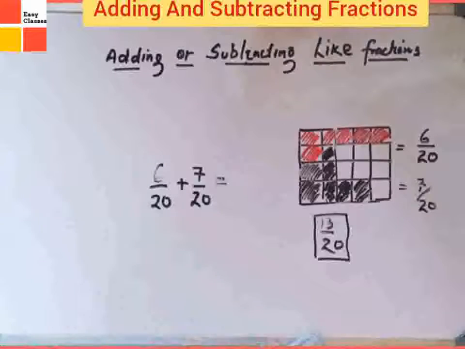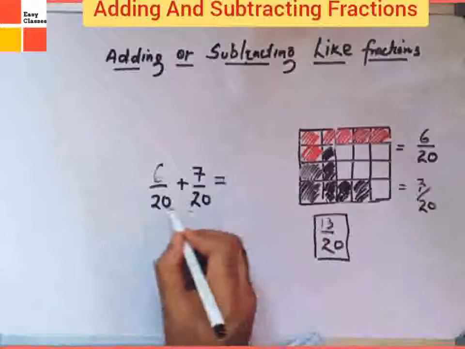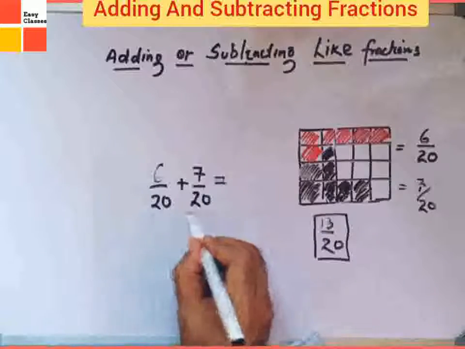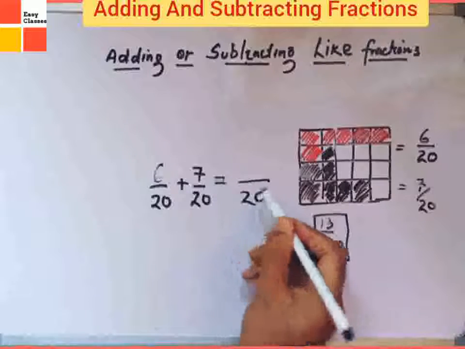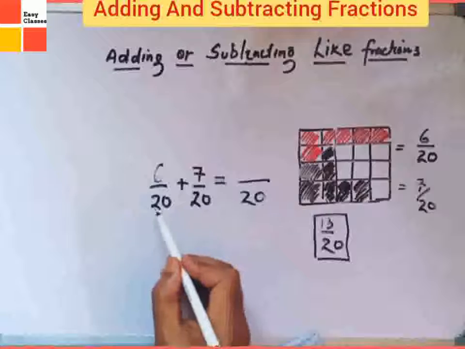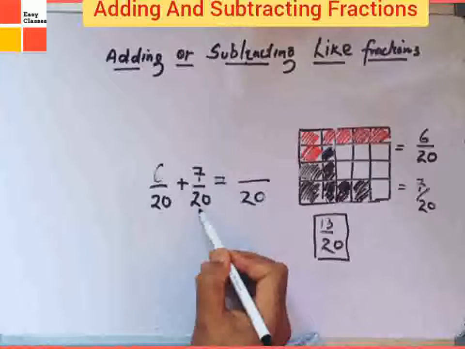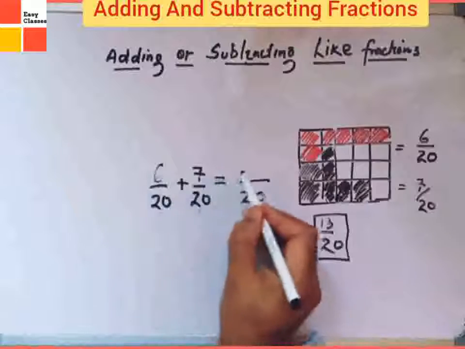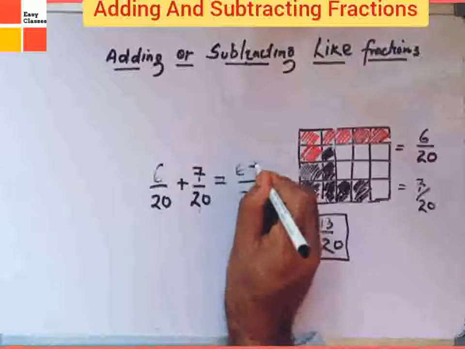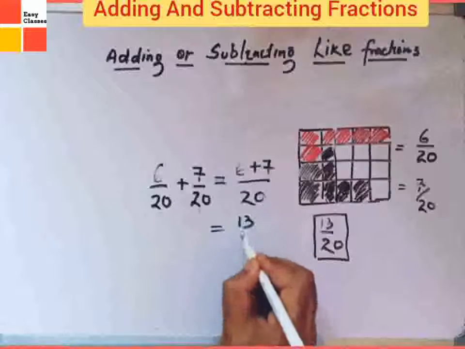Whenever you add like fractions, you take this denominator as common, for example 20, because these are 6 parts out of 20 parts, and this means 7 parts out of the same 20 parts. So you have to take the denominator as common and add the numerators, 6 plus 7, which is equal to 13 over 20.